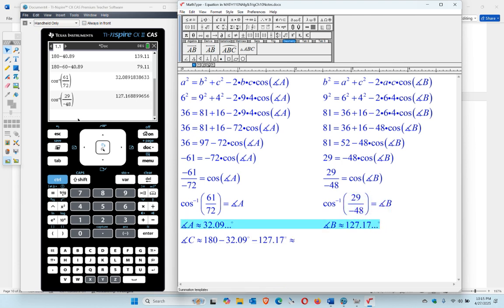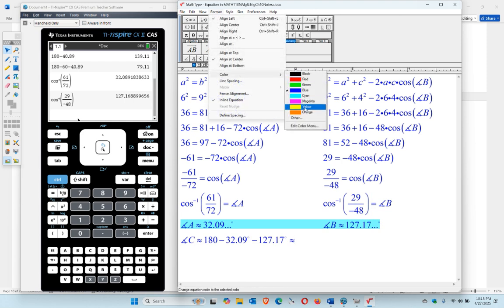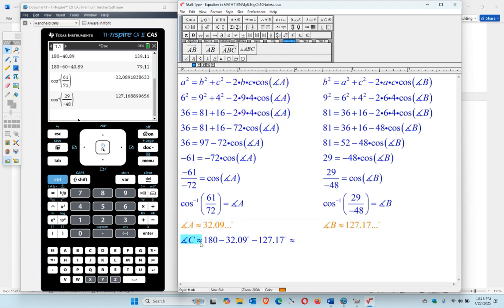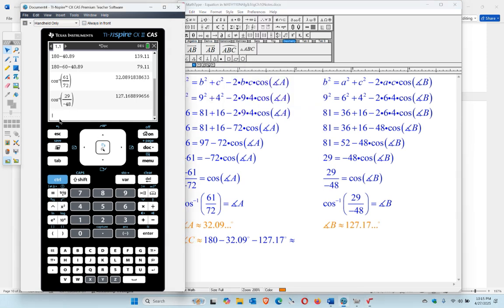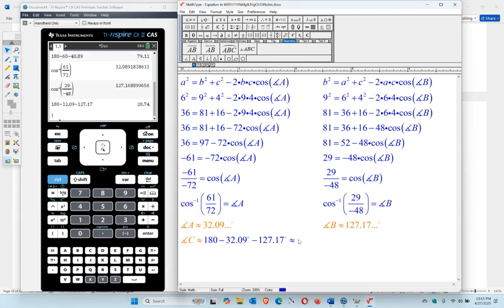Those are correct. All right, let's see what we get here. 180 minus 32.09 minus 127.17. There we go. Happy with that. 20.74 degrees. Now we've found all the angles.